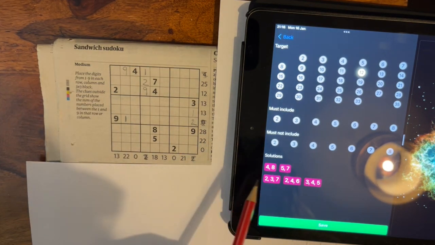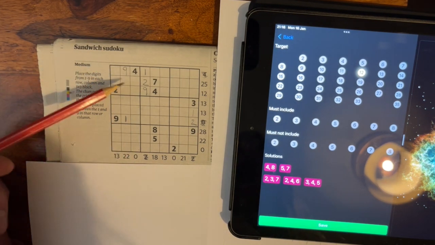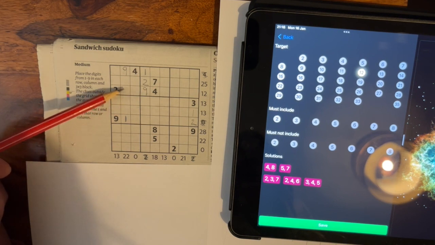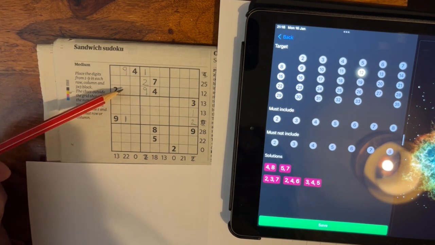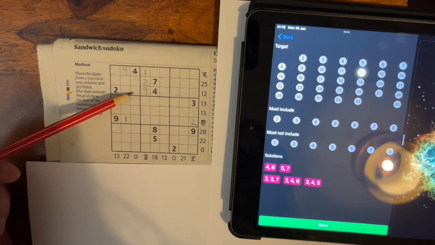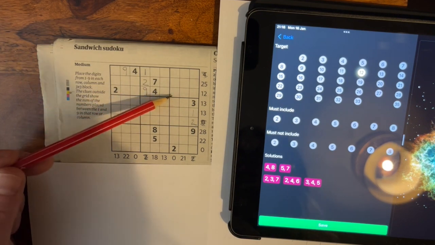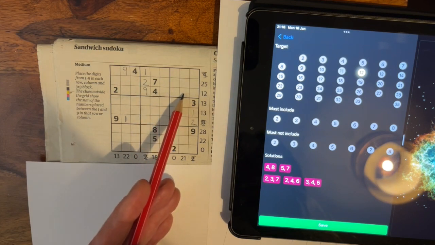This is telling me there's lots of different options, but I can tell that, if I'm going in this direction, the 1 can't be there because there's a 1 there already. But even if it was possible to put the 1 there, we can't put 12 inside there. So we have to be going in this direction. So the number 1 has to be here.